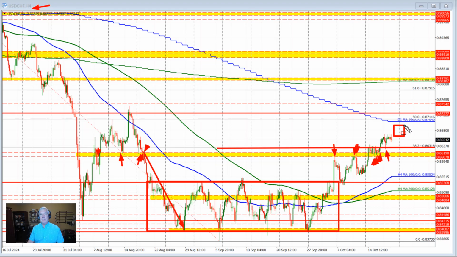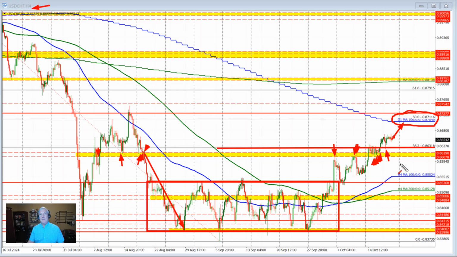The question becomes, can we extend this move further and start to move toward the 100-day moving average up here? The 50% retracement level as well is in that area right here. And that's what's going to be at stake not only today, but going forward into the new trading week.